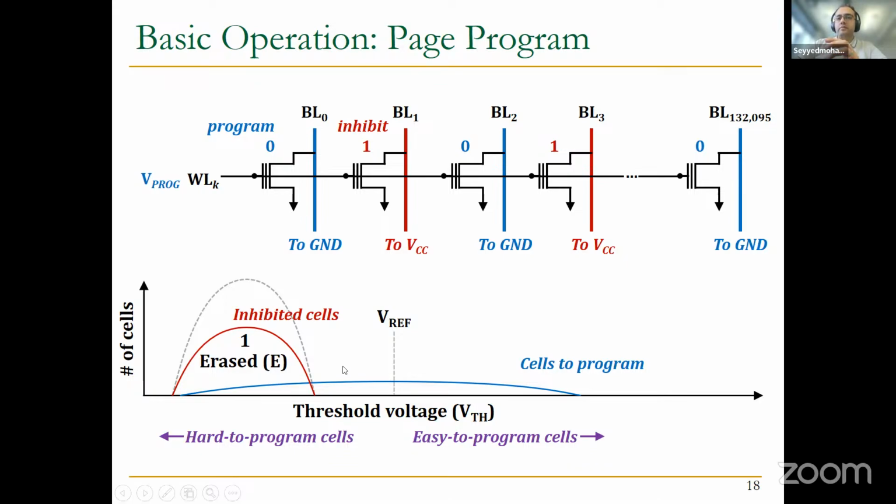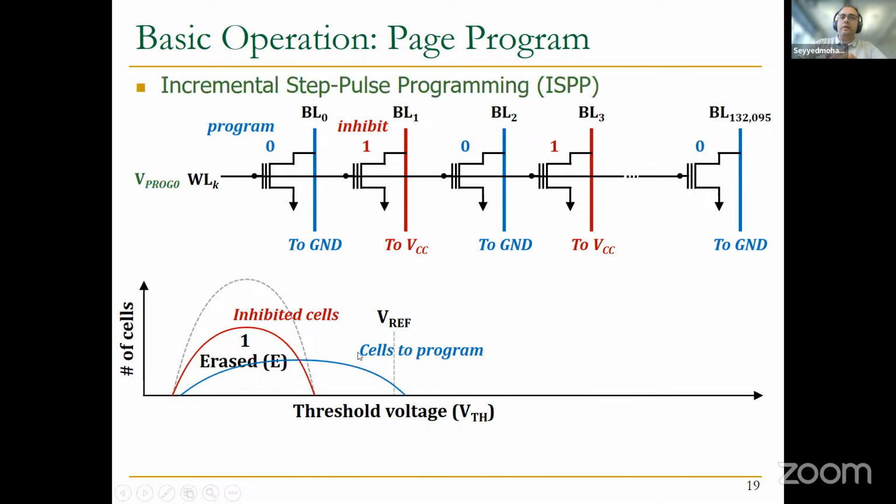In order to deal with this issue, people use a technique which we call incremental step pulse programming, ISPP. With this technique, whenever you want to program, you first apply a voltage which we call VProgram0, which can also be lower compared to the maximum program voltage. You apply this as one pulse, and then after that, you evaluate.